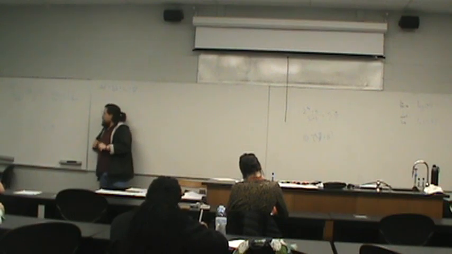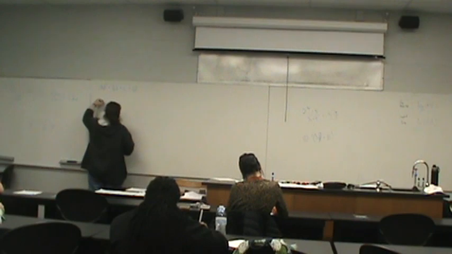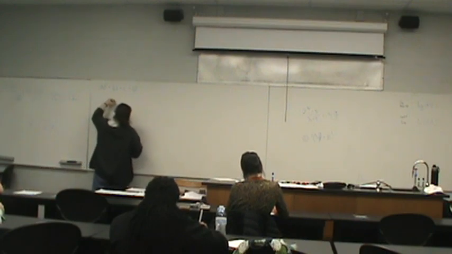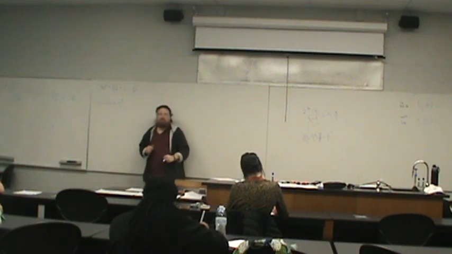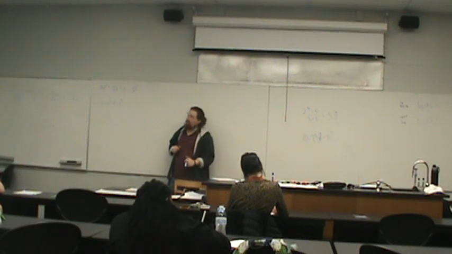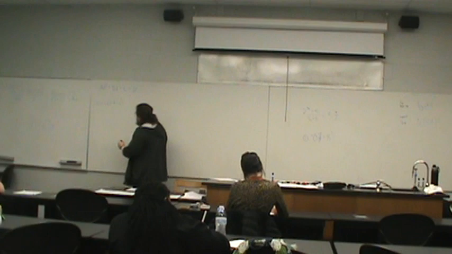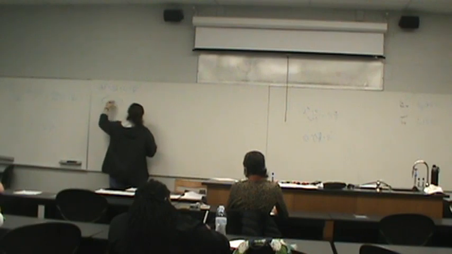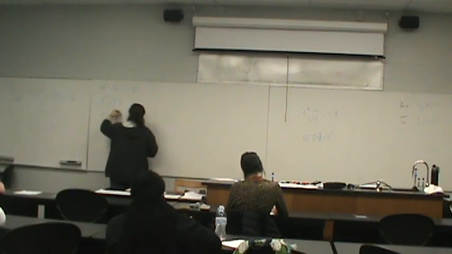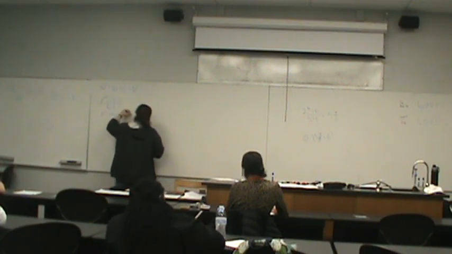So, (r plus d) squared is really just the same as (r plus d) times (r plus d). So this is just a FOIL. We're going to do r into r, r squared, r into d, rd, d into r, rd, and d into d is going to be d squared.